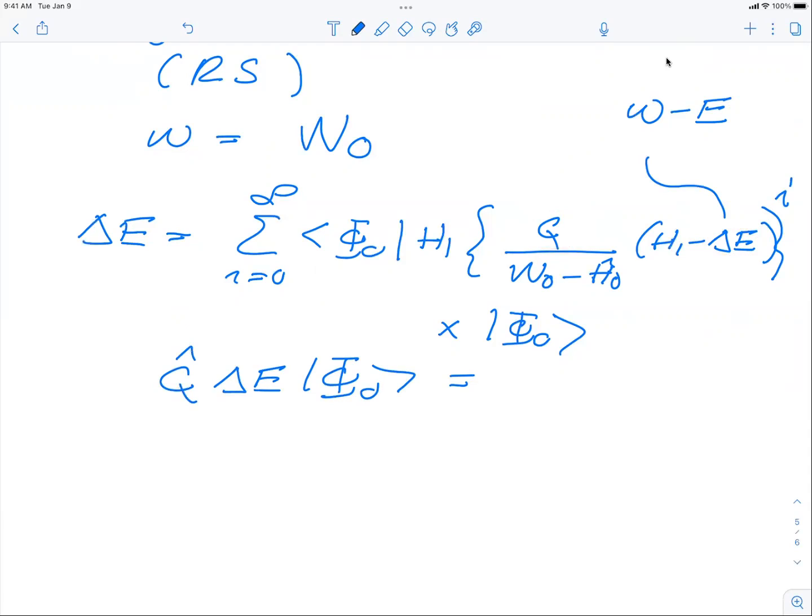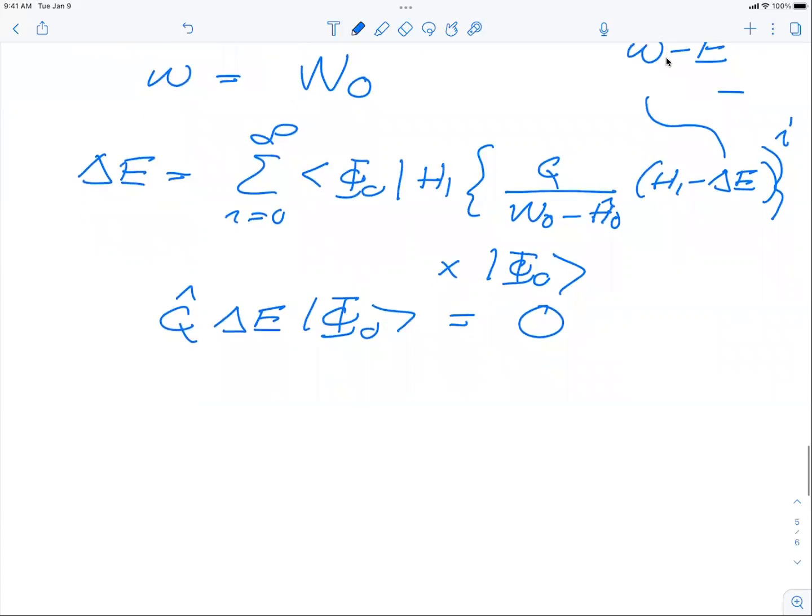Delta E is a scalar now, just a constant. So what should this one be? If you remember the definition of Q. 0, exactly. So delta E is just a scalar, because it's just W minus E here. So that is something which we can use now when we are writing out this expansion.